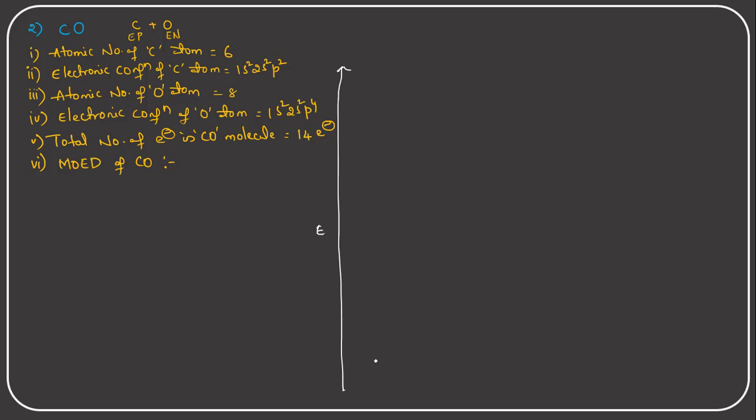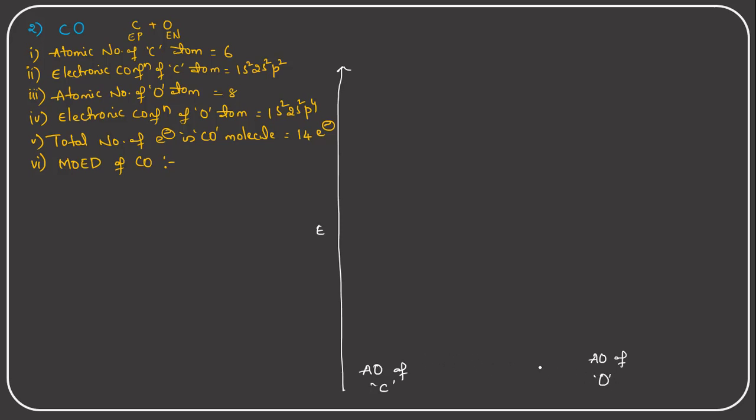On the left side I am taking the atomic orbitals of carbon, and on the right side I am taking the atomic orbitals of oxygen.